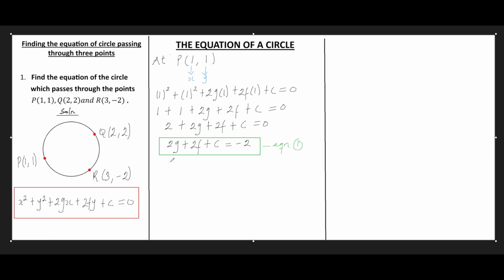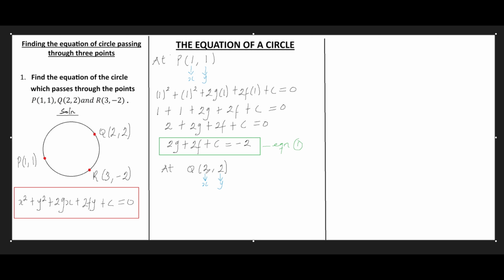Again, let's also substitute point Q into the general equation of a circle. So at point Q, this is our x coordinate, and this is our y coordinate.